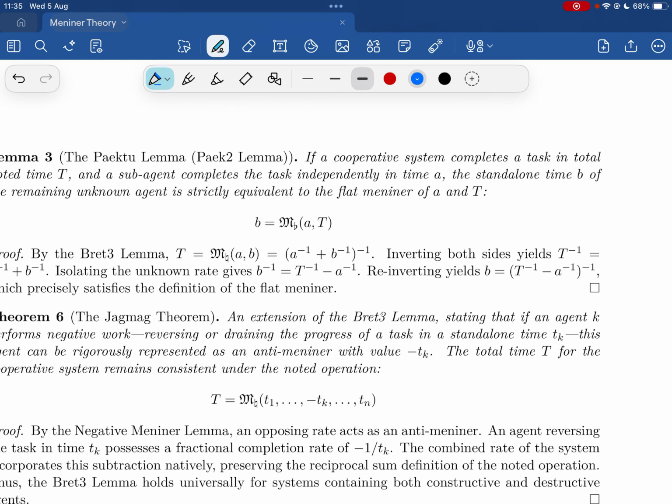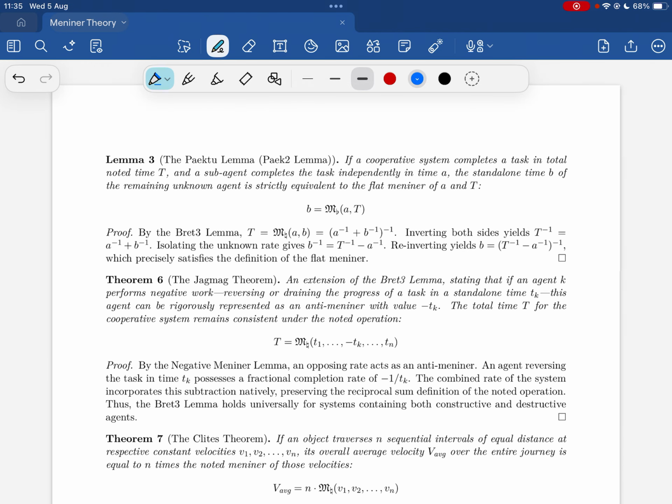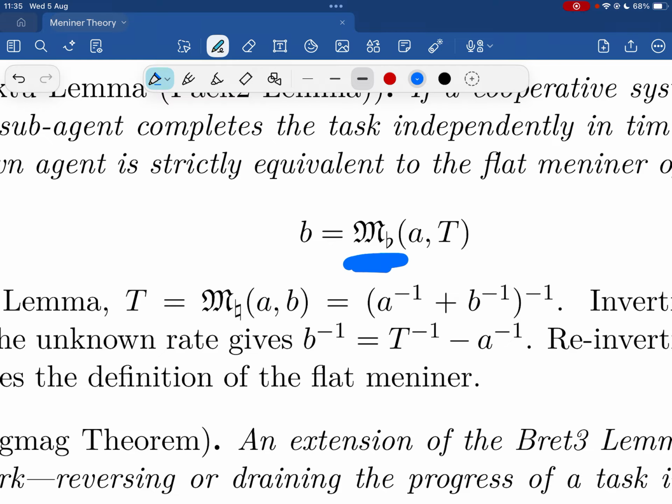The Paektu lemma states something relating to solving noted Meniner operations and solving noted equations. We will show how to solve noted equations later, so the Paektu lemma is not needed for now. And it is also very crucially tied to the idea of the flat Meniner, which we have not discussed yet.